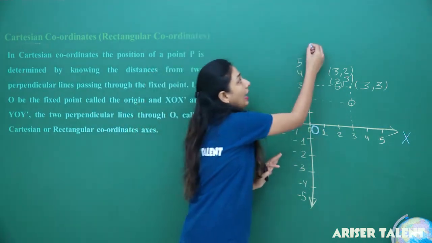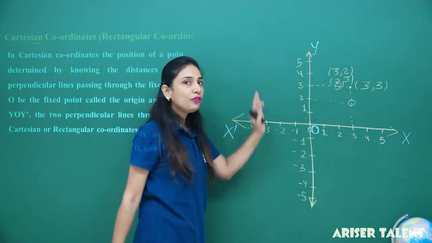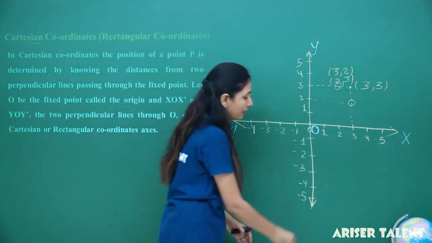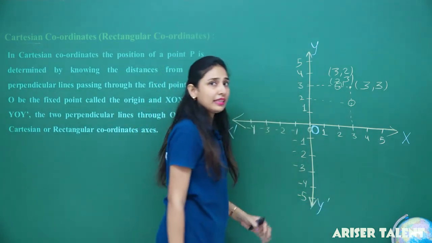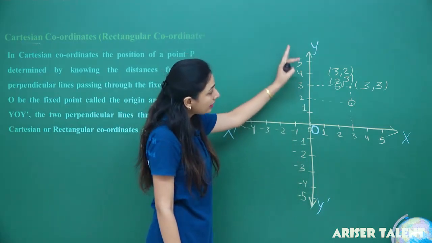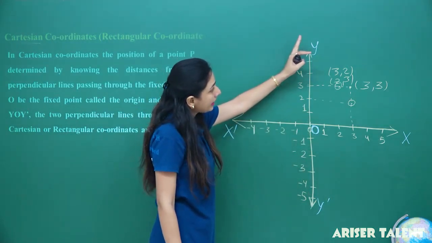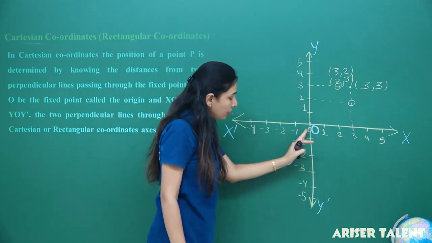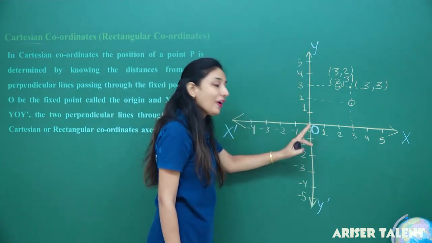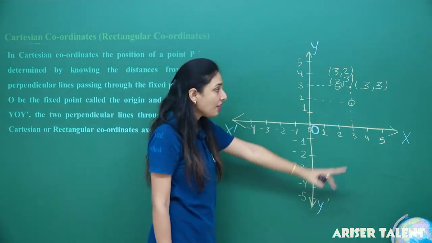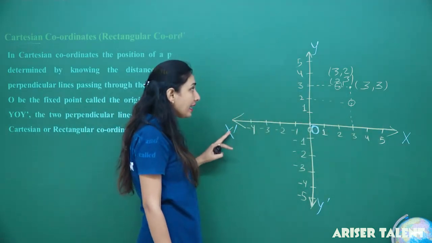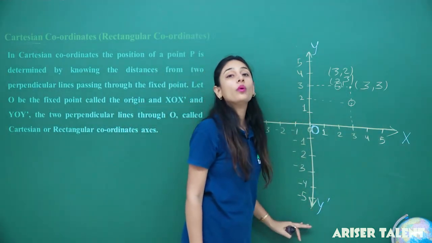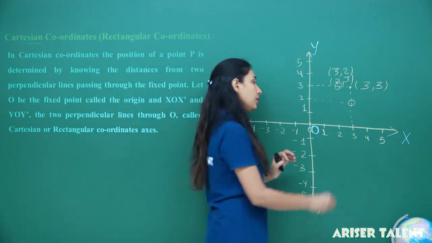Now I'll write Y, and you know that the other end will be Y dash. You can identify that pattern. So this line is Y, O, Y dash. I have the line X, O, X dash and the line Y, O, Y dash.